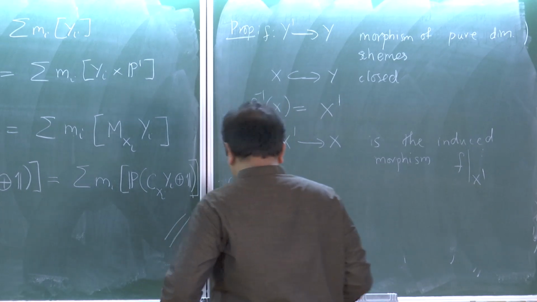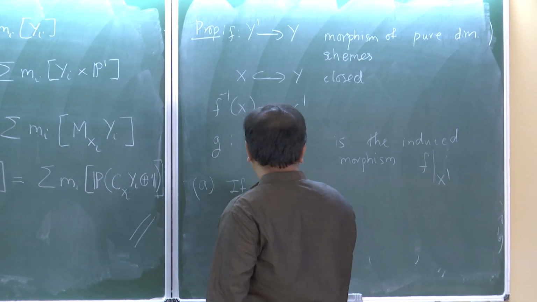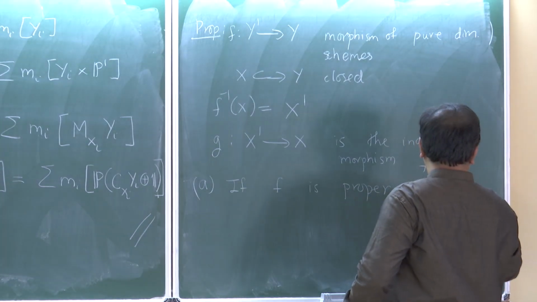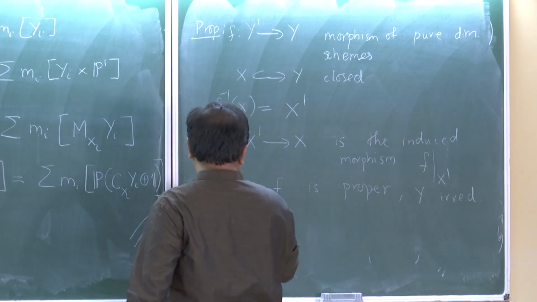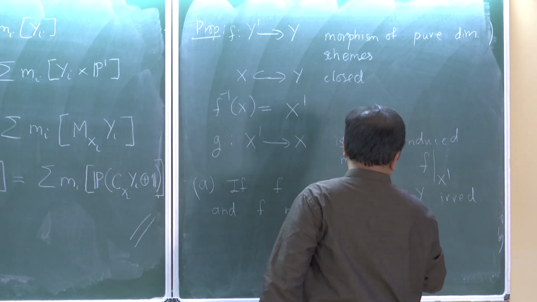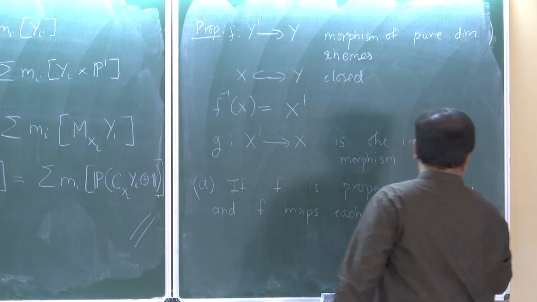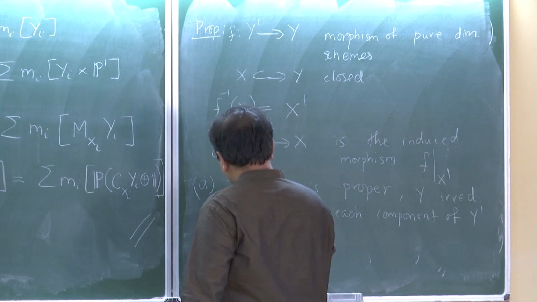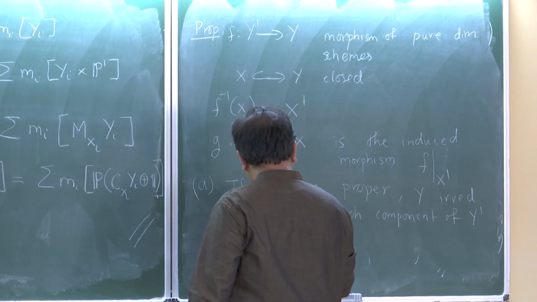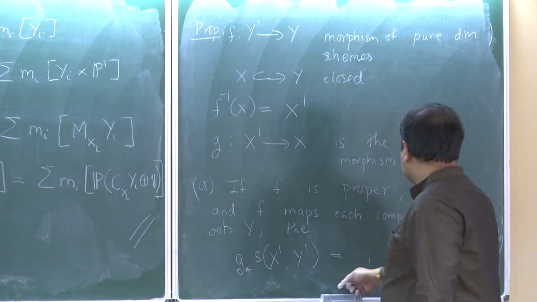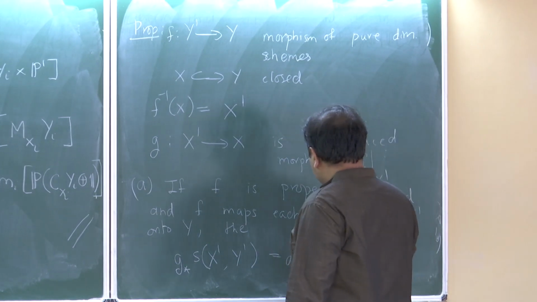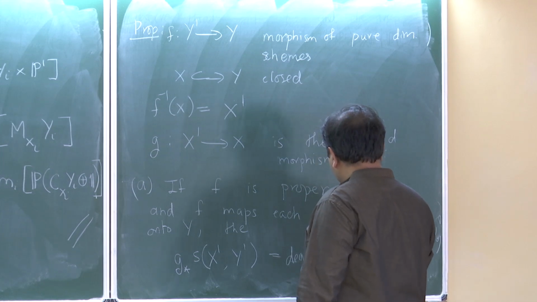Then if f is proper, then I can talk about the push forward, and Y is irreducible, and if f maps each component of Y prime onto Y, then the push forward of the Segre class is the Segre class downstairs with an appropriate multiplicity, the degree of Y prime over Y.